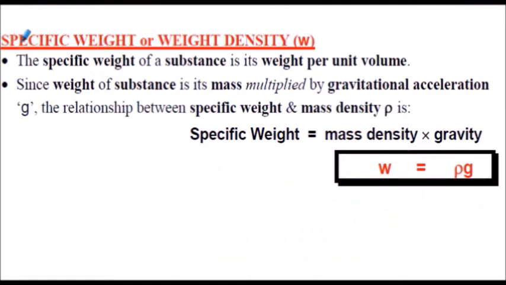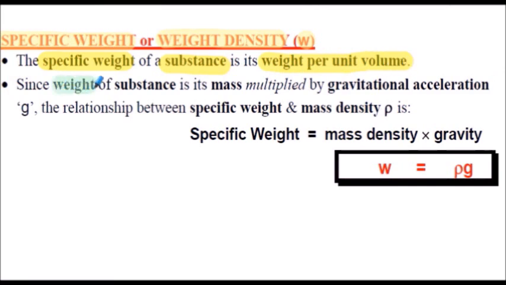Let's consider the quantity termed specific weight or weight density, usually symbol lowercase w. So specific weight of a substance is its weight per unit volume.